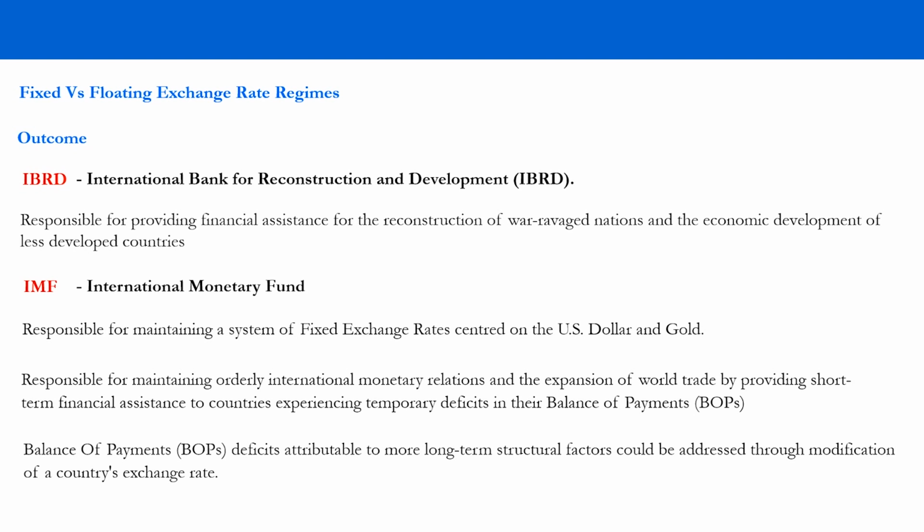The IMF was given responsibility for maintaining a system of fixed exchange rates centered on the US dollar and gold. And they were also responsible for maintaining an orderly international monetary system and the expansion of world trade by providing short-term financial assistance, if required, to countries experiencing temporary deficits in their balance of payments.